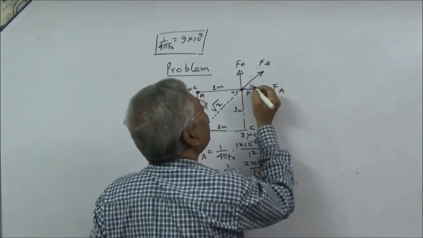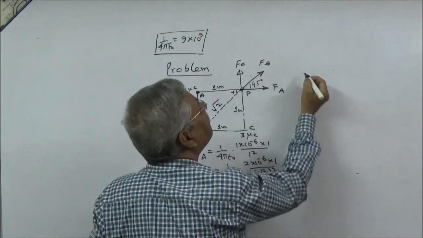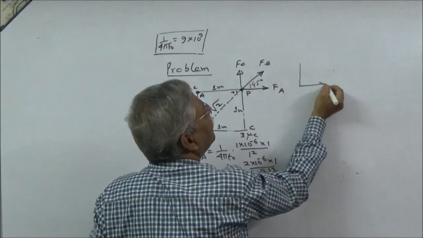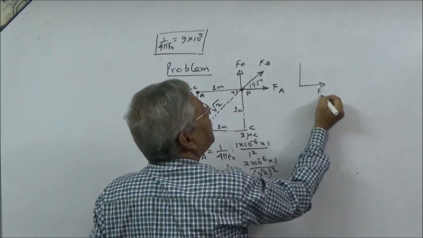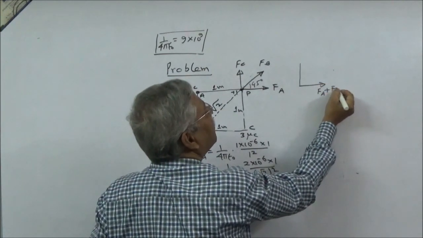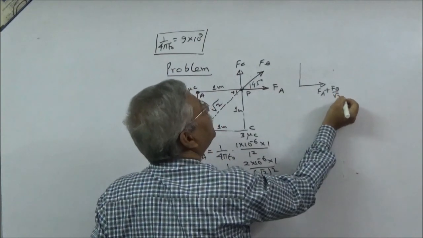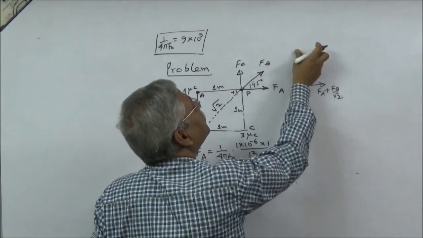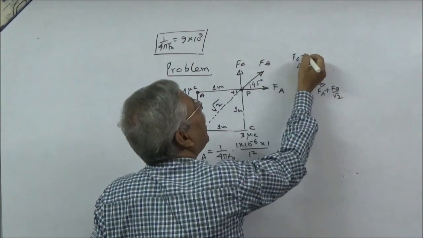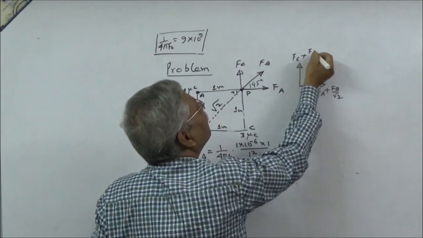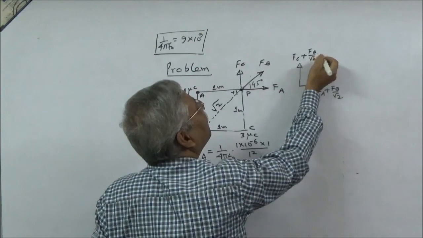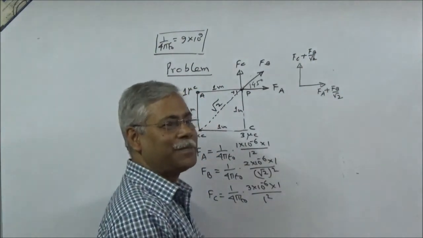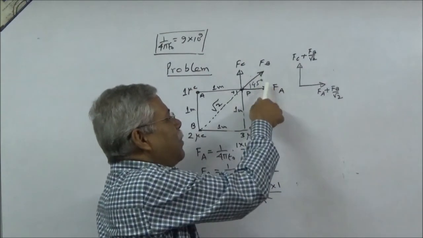I am showing it here. This angle is 45 degree. So FA plus FB by root 2, and FC plus FB by root 2.